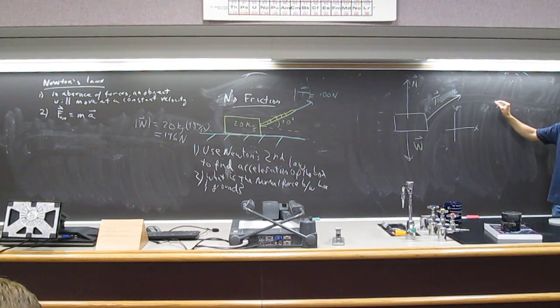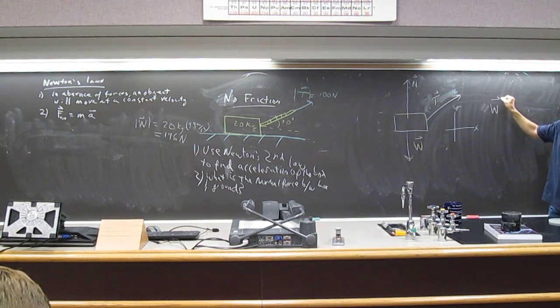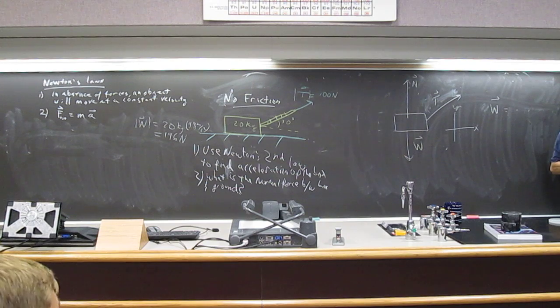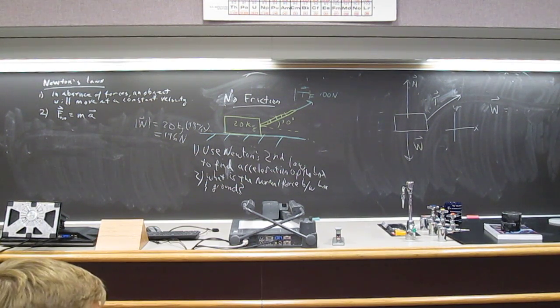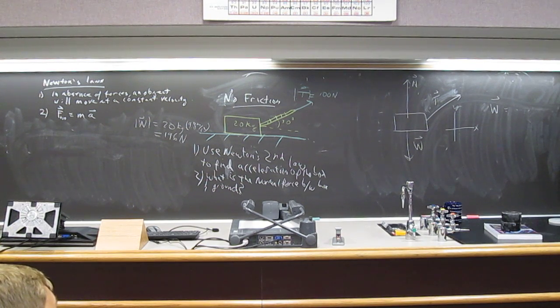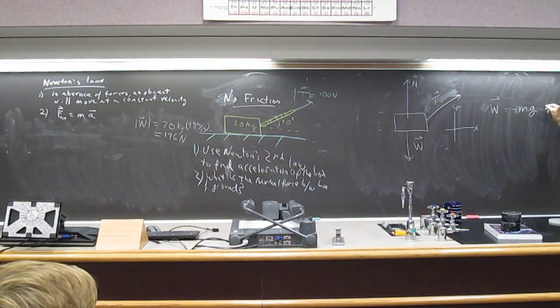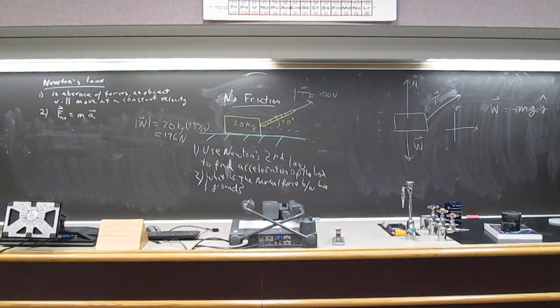What's the weight force in components? So how much of it points in the x direction, how much of it points in the y direction? So it's negative mg, right? This is how much it points in the negative y hat direction.